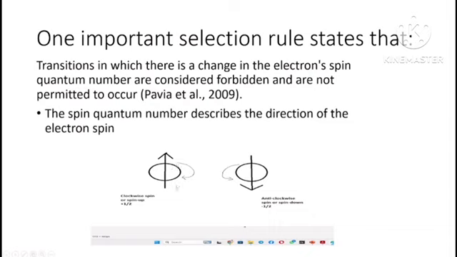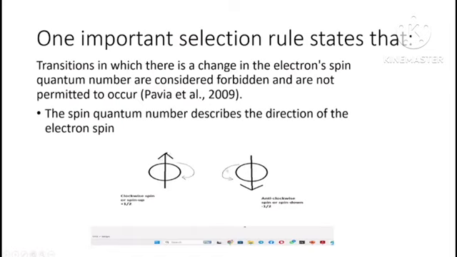So if the electron is pointing upwards, or rotating this way, then we say that the electron is spinning in a clockwise direction, or we call it a spin up. That is if the electron is pointing upwards or spinning in a clockwise direction. With that, we represent its spin quantum number with a plus half, that is positive 1/2. So whenever you see a spin quantum number of plus half, it indicates that the electron is spinning clockwise on its own axis, or it is pointing upwards in terms of representation on the orbitals.